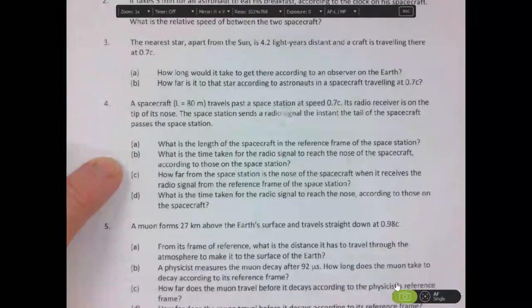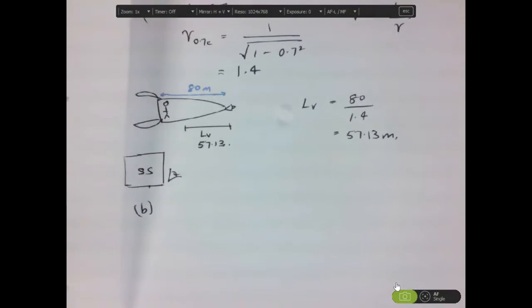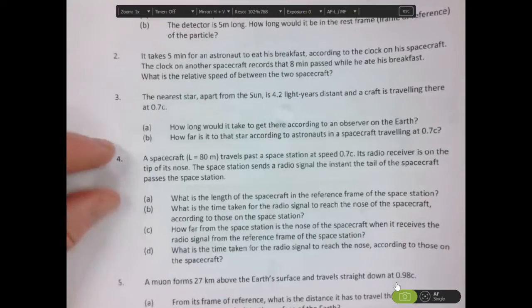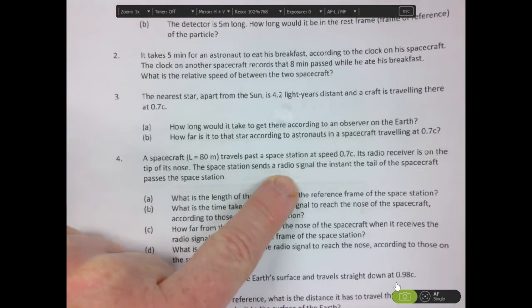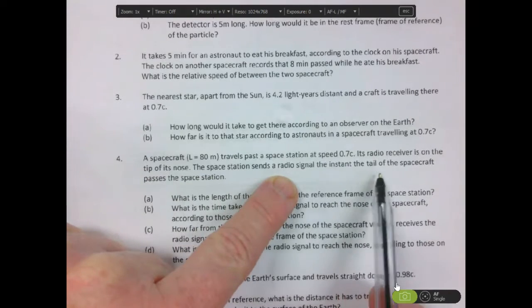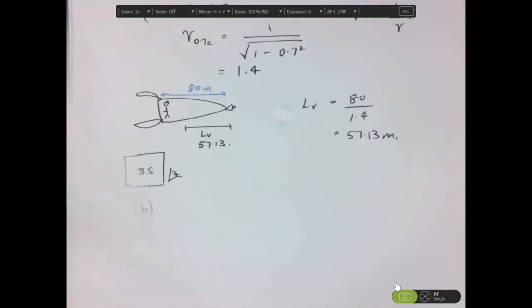What is the time taken for the radio signal to reach the nose of the spacecraft according to those on the space station? Okay, let's do that. So there was a statement about when the space station sends the radio signal. It's the instant the tail of the spacecraft passes the space station. Okay, so I'll draw that.